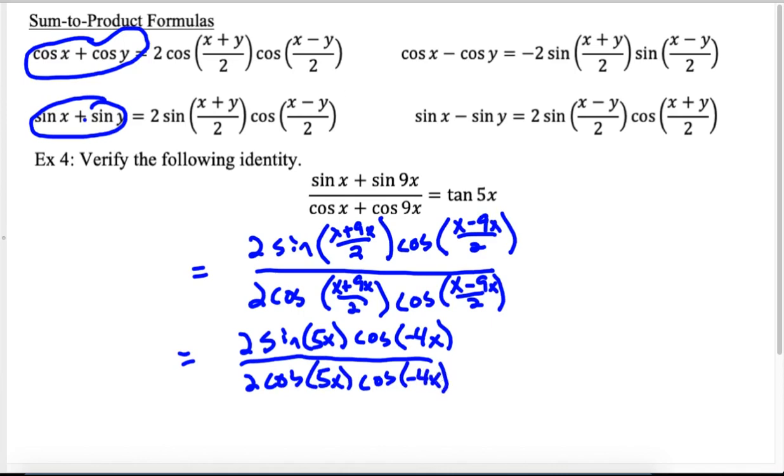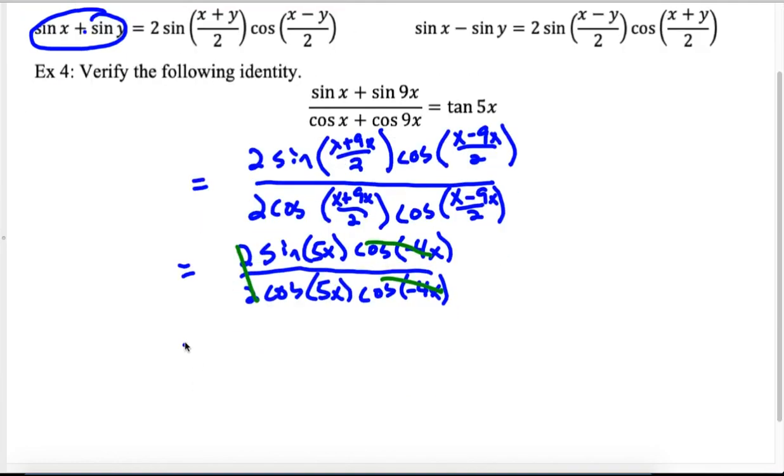So now I see a few things that will cancel. 2 over 2 will cancel and reduce to 1. And then here, these are the same thing. Cosine of negative 4x over cosine of negative 4x. Those will cancel. And I'm just left with sine of 5x over cosine of 5x.